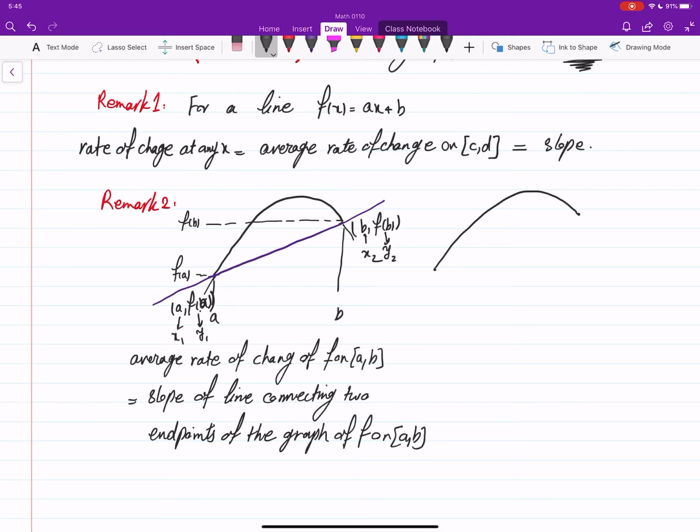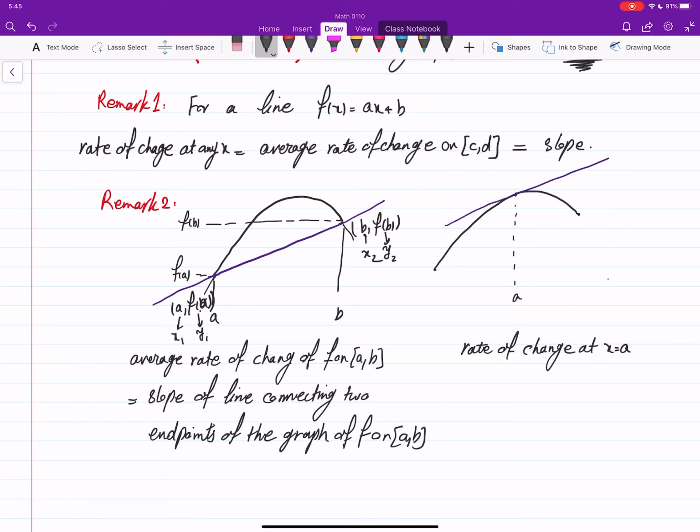So this is the average rate of change, but if you have a point a here and you're trying to find the instantaneous rate of change at x equal to a, basically you're trying to find the slope not of the line connecting any two points, just the line which is tangent to the graph of the function at that point.